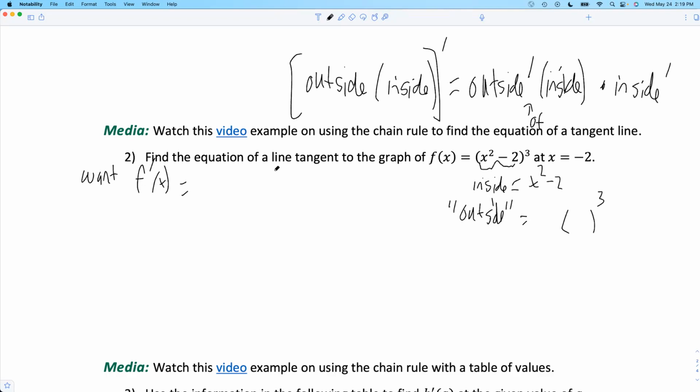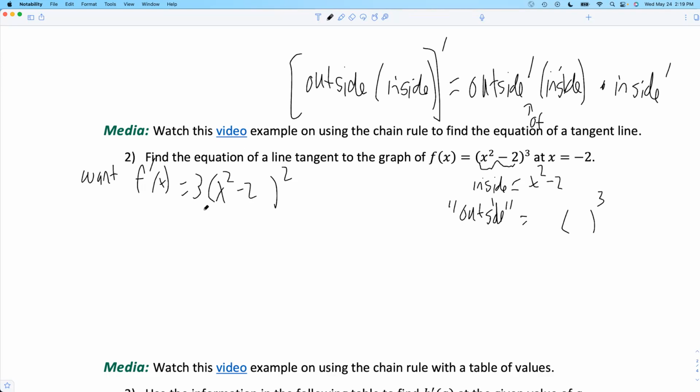So the derivative of junk cubed is 3 times junk squared. The 3 came down and now became a 2. But now I'm not writing x here, I'm writing x squared minus 2.